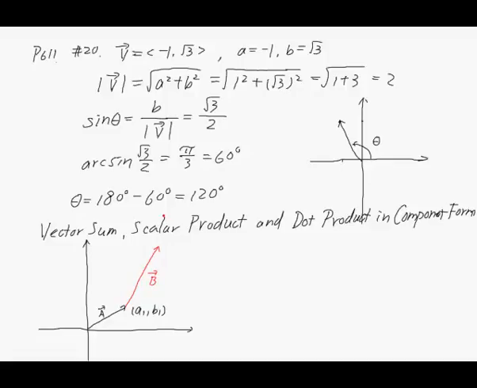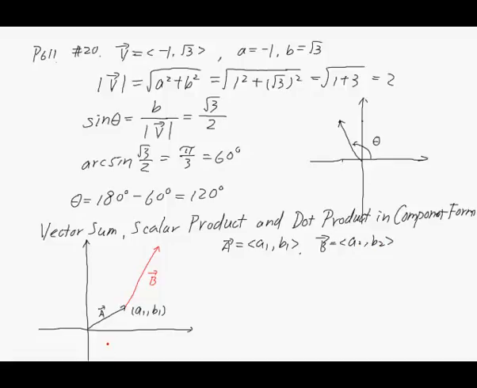And for the vector B, right now, vector A in the component form is like this, and the vector B in the component form is like this.